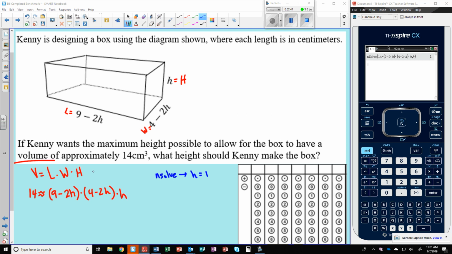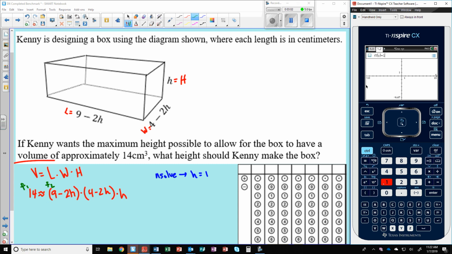Okay, and so now here's the problem. I want to press Control Doc, add a page, and this time I want to do it as a graph. We learned earlier that we can also graph this by saying this is F1 here, and this is F2 over here.